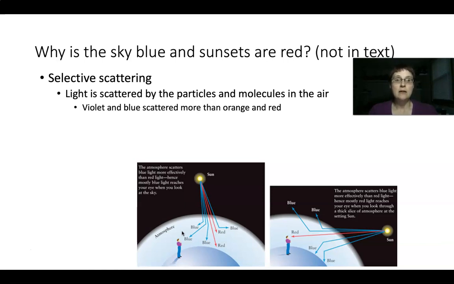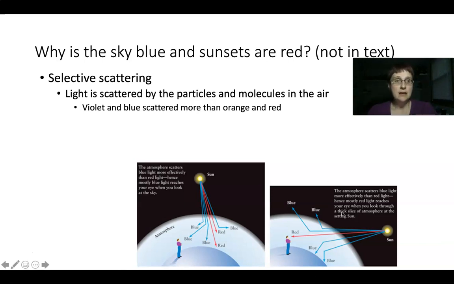Red is better than violet, but green is the best one. It's going to appear the brightest even if they're all made to be the same strength as far as the light coming out. So that's why skies appear blue, because during the day, when we look up, we see that blue light being bounced around inside of those molecules in the sky.